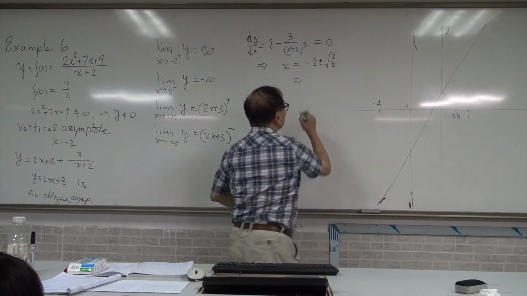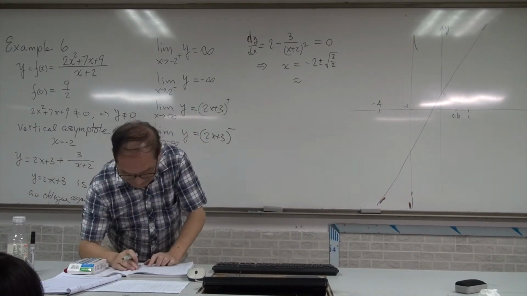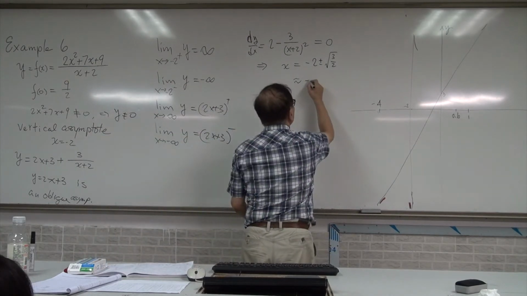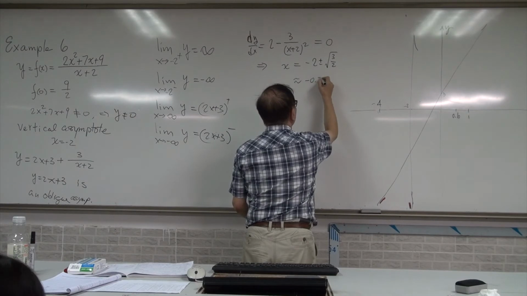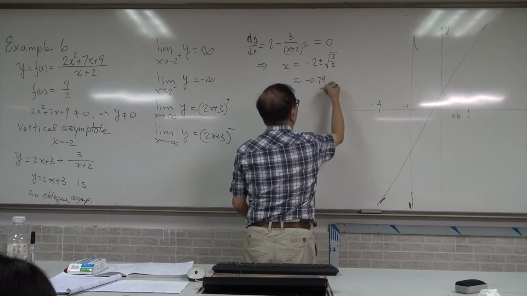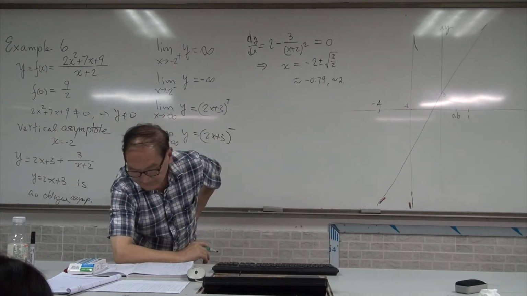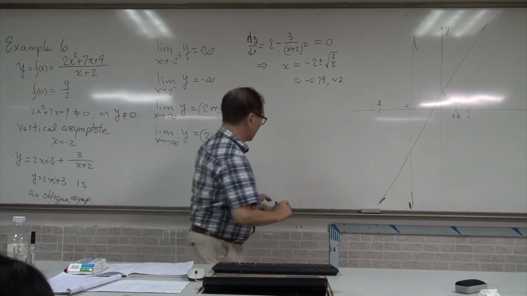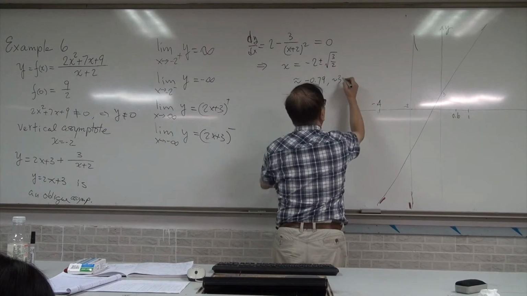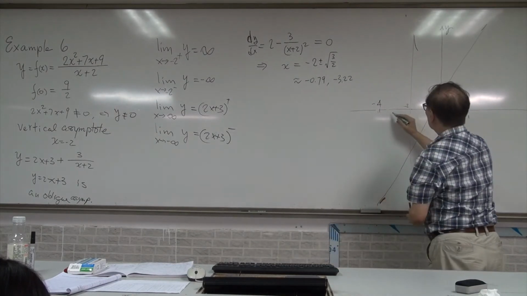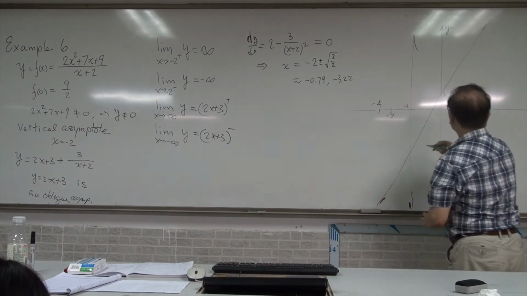This is equal to, if you have a calculator, you can help me. This is minus 0.79, and the other one is minus 3.22. So this is 0.3.